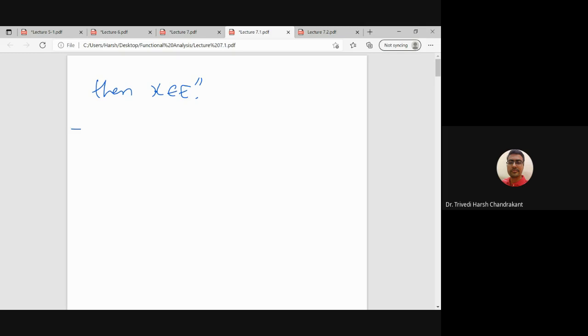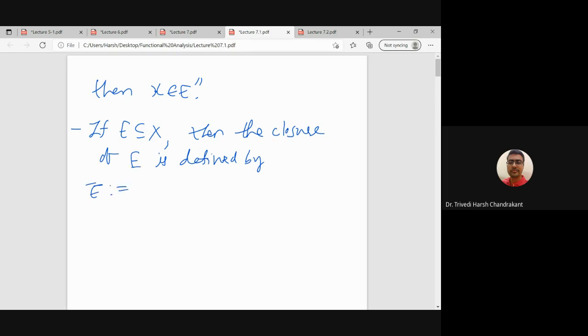So if E is a subset of X, then the closure of E is defined by: E closure is basically the set of points x in X such that x is the limit of xn, where the limit we are taking with respect to that particular metric, and where xn is an element of E. So now using closure also we can discuss the closed set.